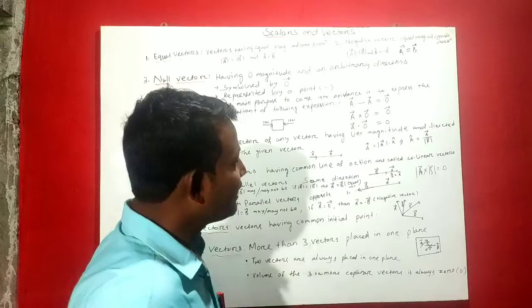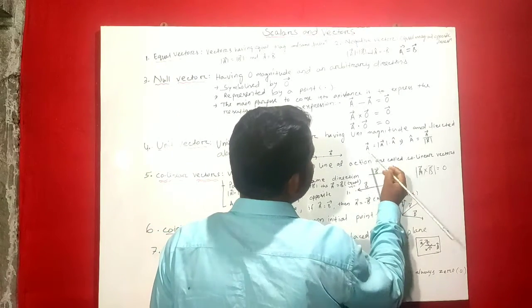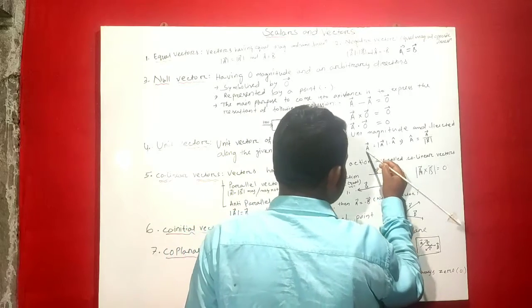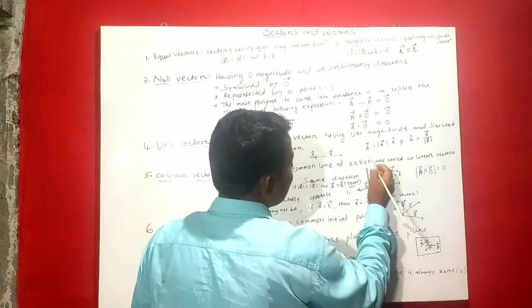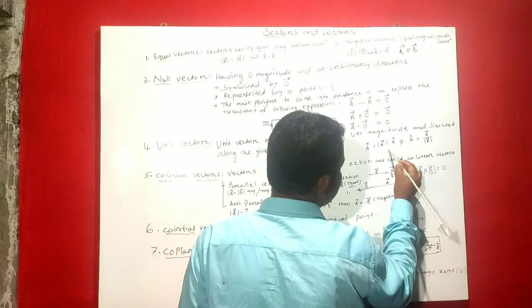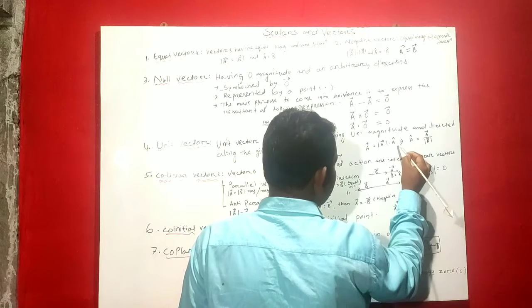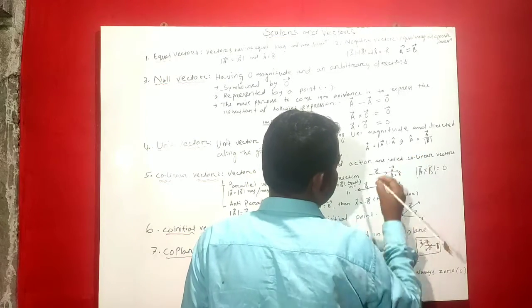Also, it has a formula. We have already read that vector A is equal to the magnitude of A multiplied by A cap.